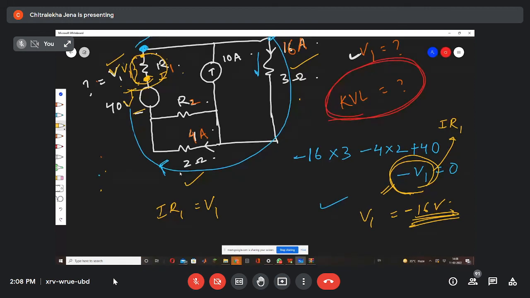Suppose it would have been 4 into 2 ohm, it would not have been written that way. It would have taken a voltage source here, 8 volt. Similarly, it has taken the potential difference across R1 as V1 and asked for V1. Understood now? Yes, ma'am.